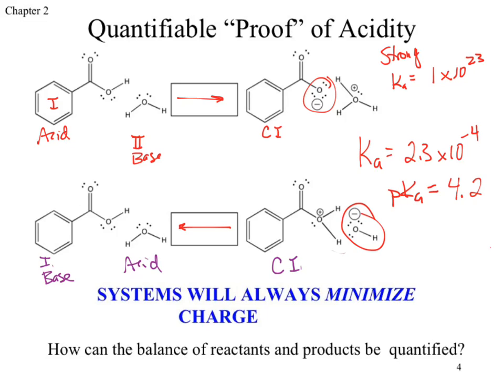What happens to the pKa? For our strong acids, our pKas tend to be really, really small. They're so small they go negative. So the stronger our acid, the smaller the number.